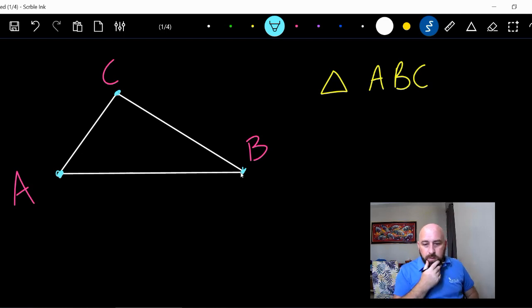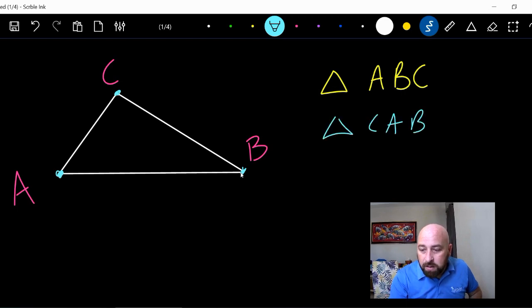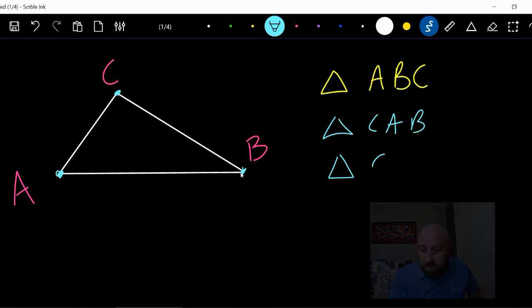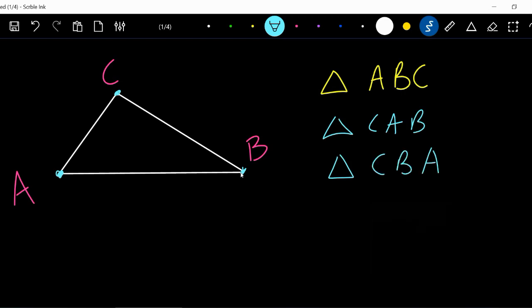You could name this triangle differently, depending on where you started. You could name it triangle CAB, or triangle CBA, or triangle BAC, or triangle BCA.